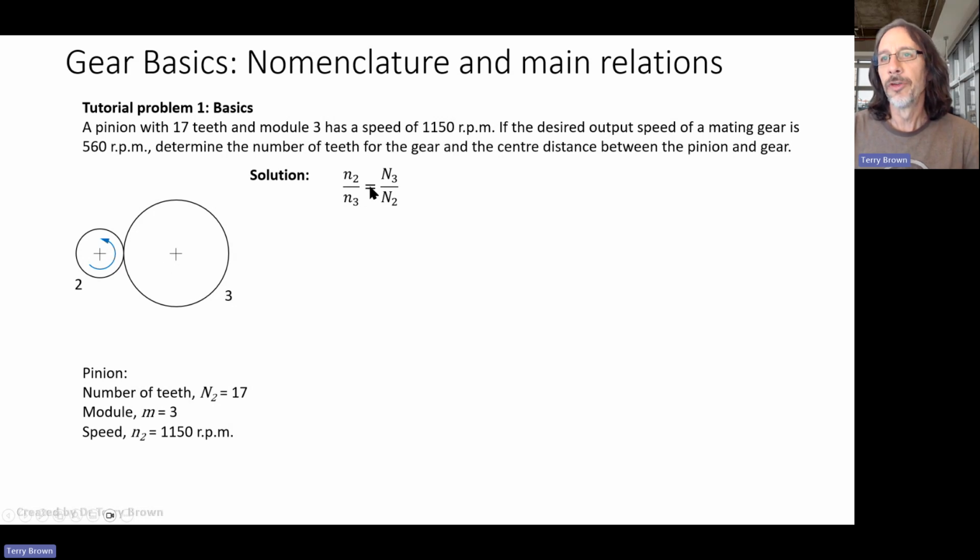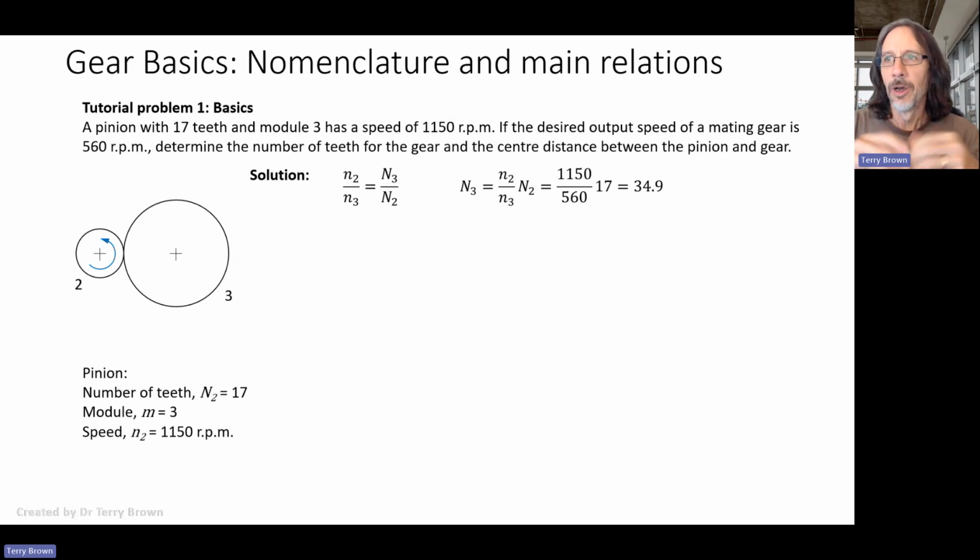So from this equation, N2 is our input speed. We're given an output speed of N3, where we know the number of teeth on the input, N2, so we just need to rearrange that to find out what our number of teeth need to be. And our calculator tells us that we need 34.9 teeth.